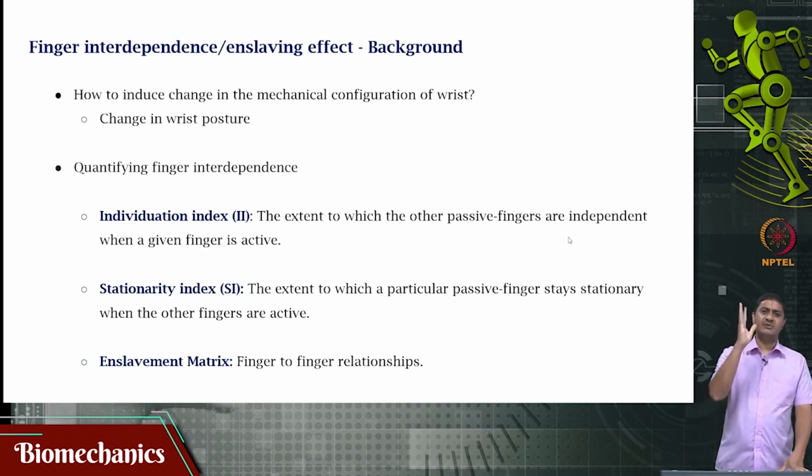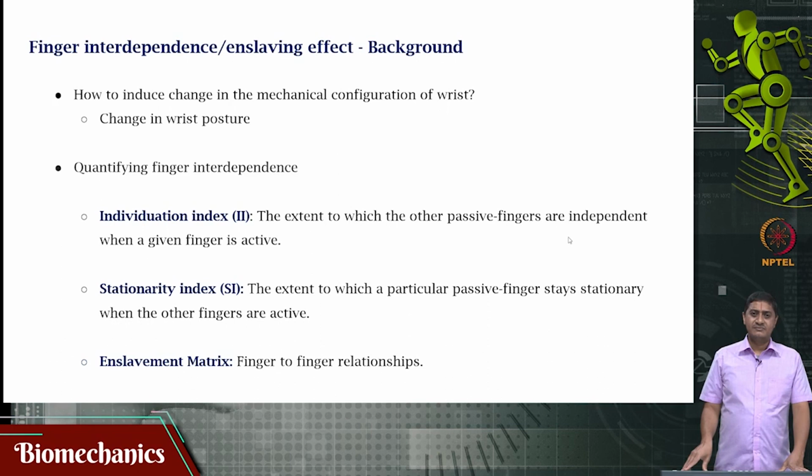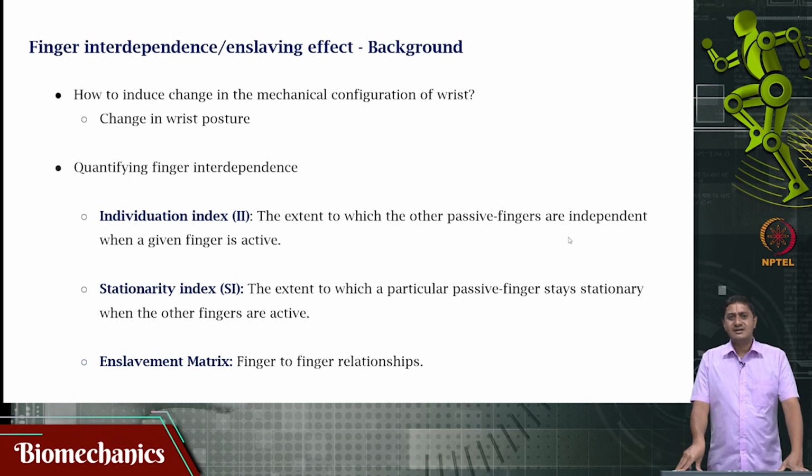That is, I am performing the movement with the index finger, how less the other fingers are moving. That is, how independently a given finger is moving without causing some unnecessary movements in the other non-instructed fingers. This is called the individuation index.